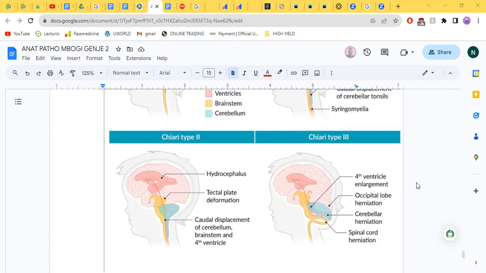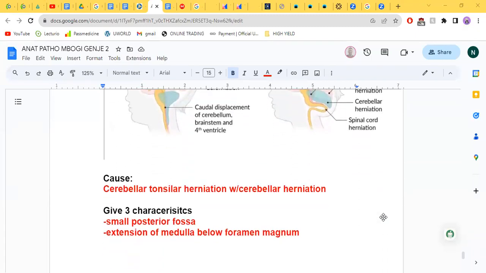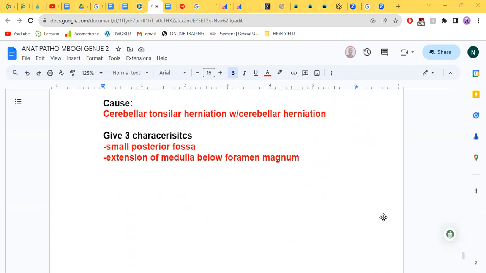And for type 4, there's cerebellar herniation, and also occipital lobe herniation, in addition to the brainstem herniation. Because there was cerebellar tonsil herniation and also brainstem herniation, that's why it was type 2.